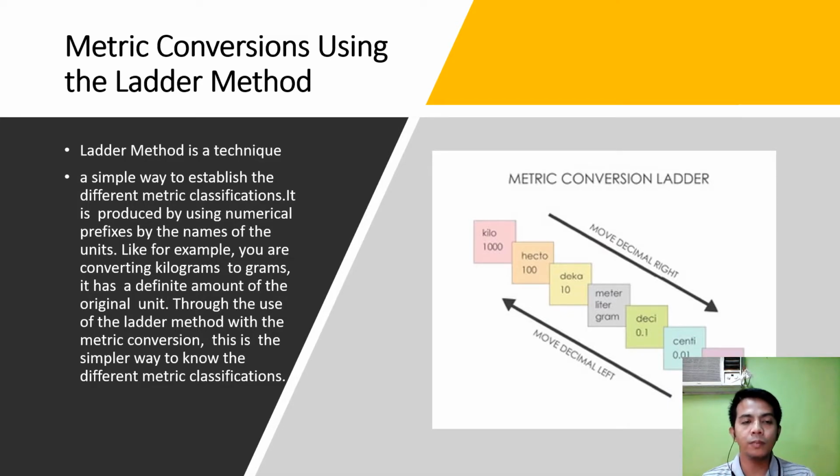For you to convert easily, we have the ladder method. The ladder method is a simple technique to establish the different metric classifications. It is produced by using numerical prefixes with the names of the units, like when you are converting kilograms to grams. It has a definite amount of the original unit.